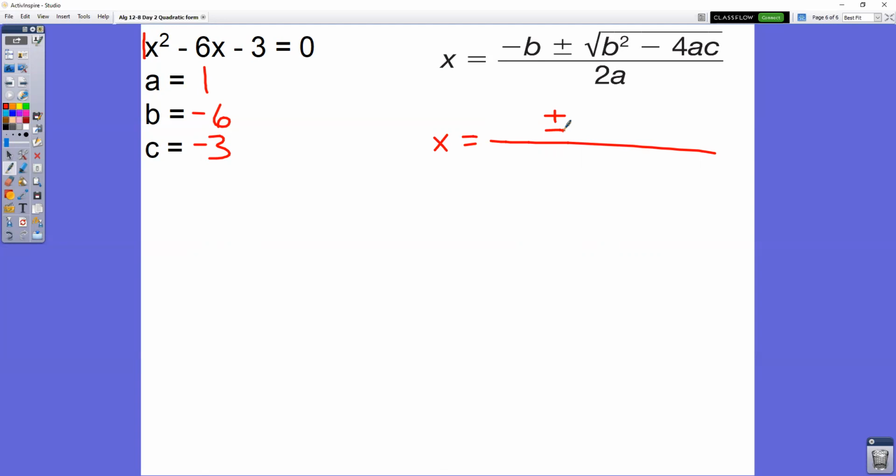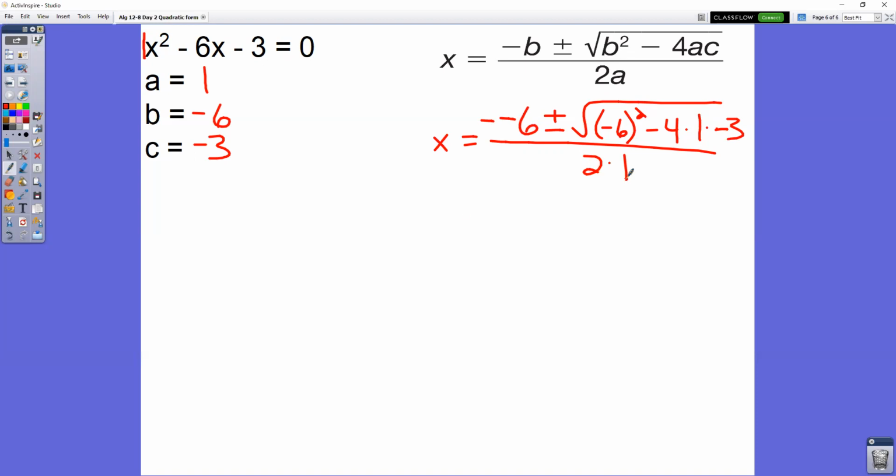Be careful at the very beginning of the problem, you have -b, so you have a negative of -6 plus or minus the square root of -6 inside parentheses squared minus 4 times A times C, all over 2 times A, 2 times 1.